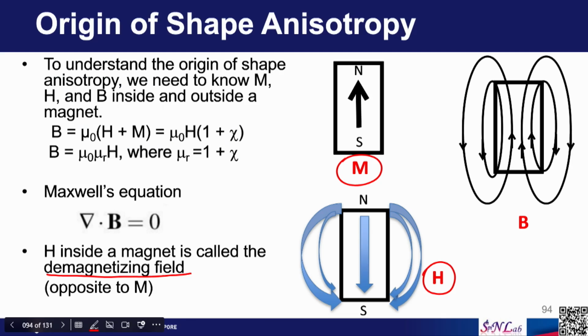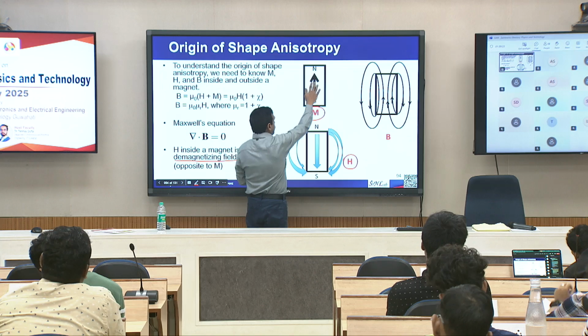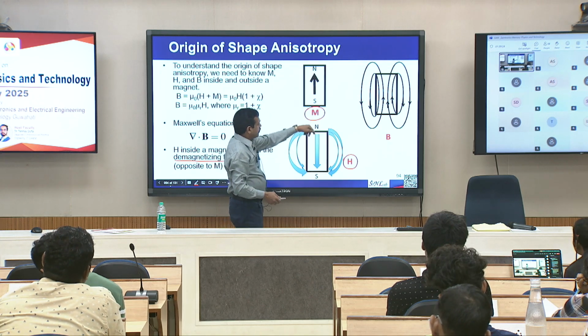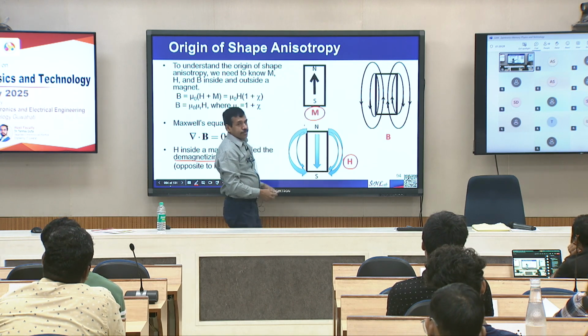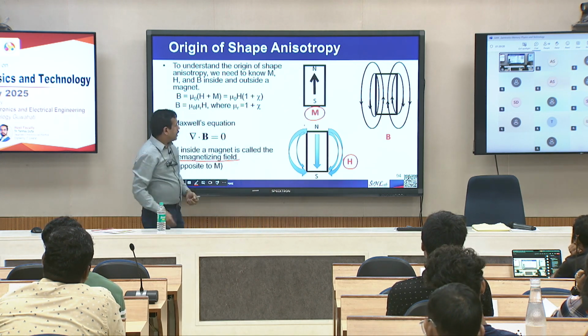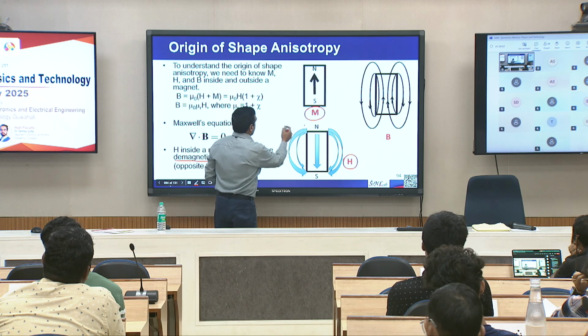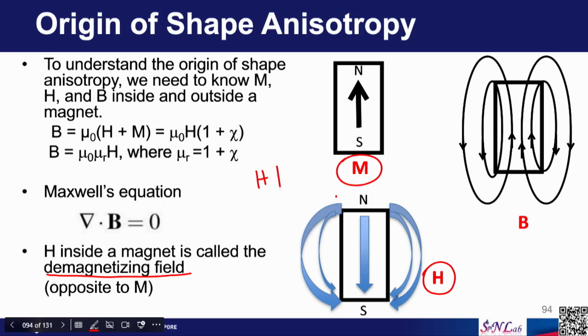Now, you see that there is a magnetization pointing along this direction, and inside there is a magnetic field that is opposite to the magnetization. You can notice that this H is opposite to M. So, this H will always tend to destabilize M. If H is large, then M is not stable along that direction.